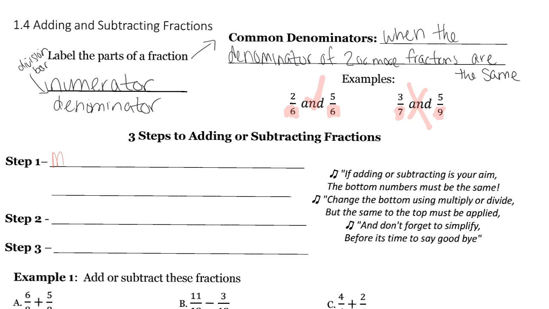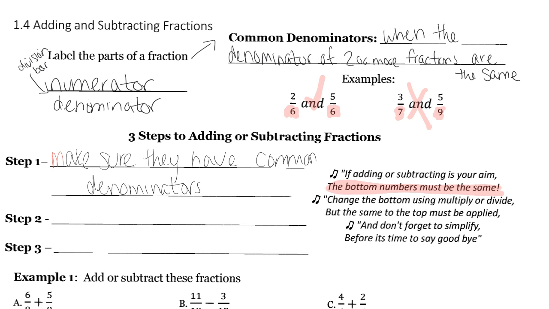Okay, so we want them to have common denominators. So make sure they have common denominators. And that's this part of the song where it says the bottom numbers must be the same, since that's what we said.